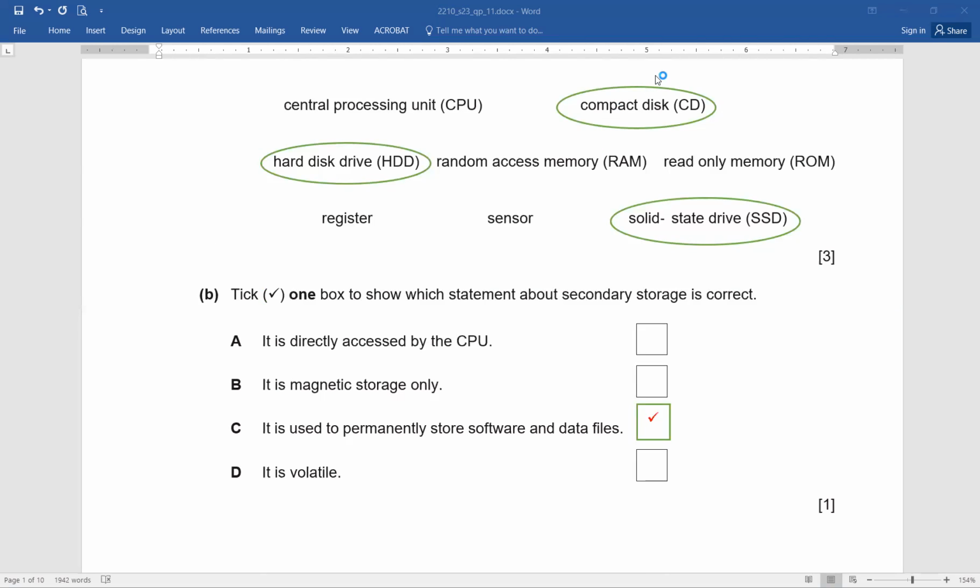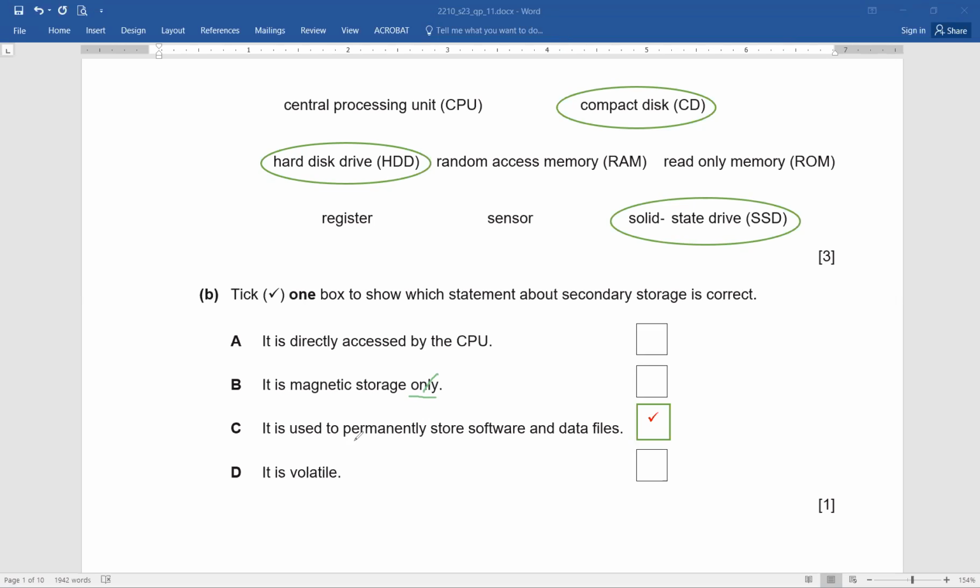If this word was not there, then it could have been chosen. But by the way, can you recall what are the other secondary storage media? Along with magnetic, we do have SSDs, we do have optical also. So definitely it is magnetic storage only, and that's why this is not the right option.